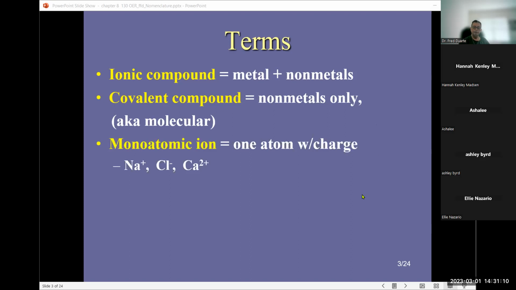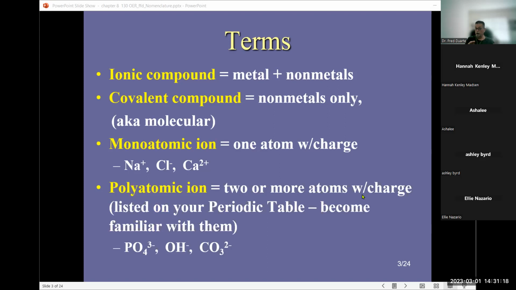Okay, so we have the monatomic ions, simply the single atom of sodium ion, chloride, calcium. But we talked about this, the polyatomic ions. You go to your periodic table, you see in the bottom of the corner, you will find many of the polyatomic ions that I will show here, but we did talk about those earlier. We'll be using those.